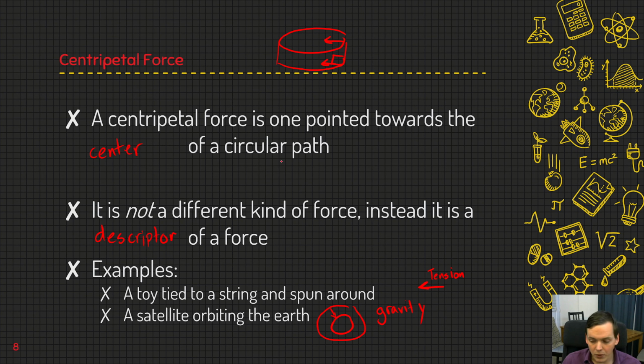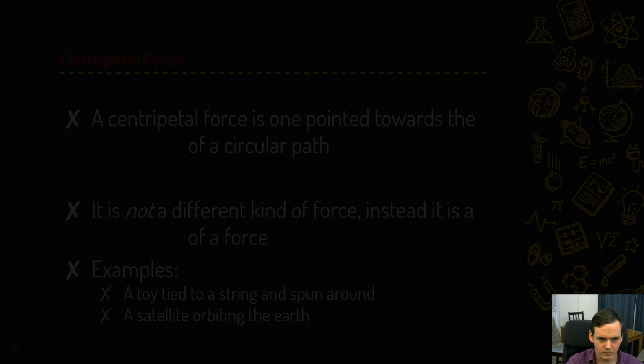If it's got both of those, then the net force of normal plus frictional would be what we call our centripetal force in that case. So it's not like its own kind of force, it's more of a description of a singular force or a net force.